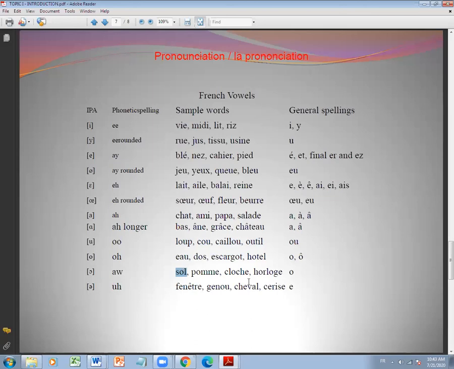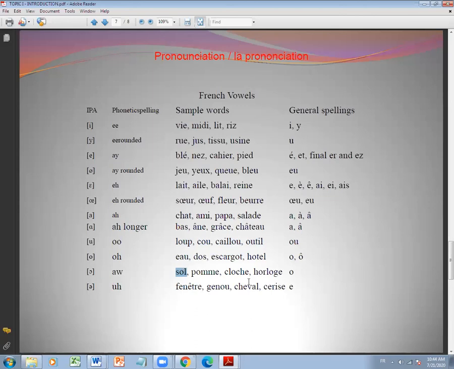No. Horloge. The G is like a Z. Remember the J sound? So we say horloge. We say horloge. Very important.